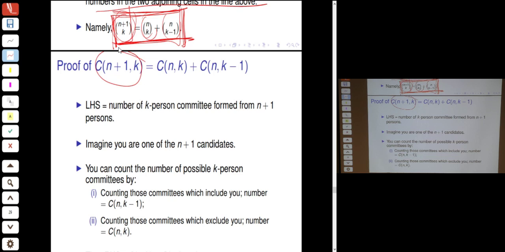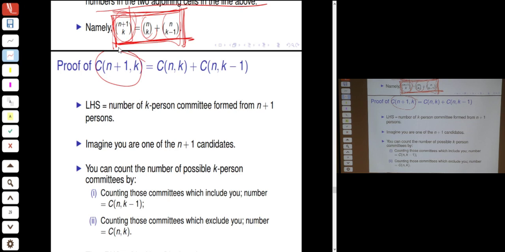Let's now count the total number of subgroups of size k from this total group of n plus 1 people in another way. This group of n plus 1 people contains you and n of your friends.